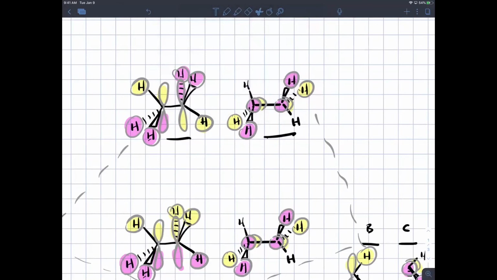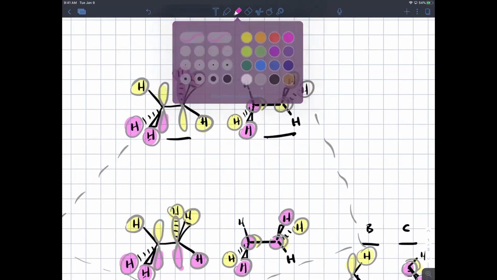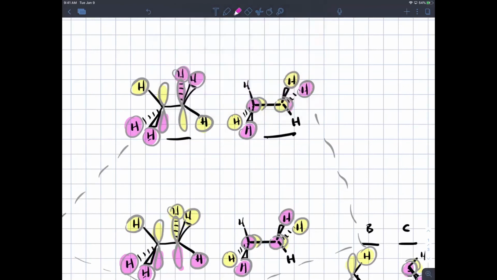So this is the out of phase combination. And you might be looking at this and saying, well, hold on. Why are we worrying about this? Isn't this an anti-bonding orbital?